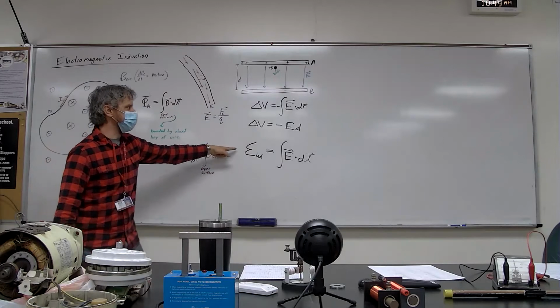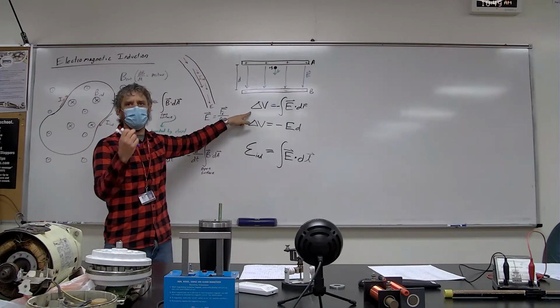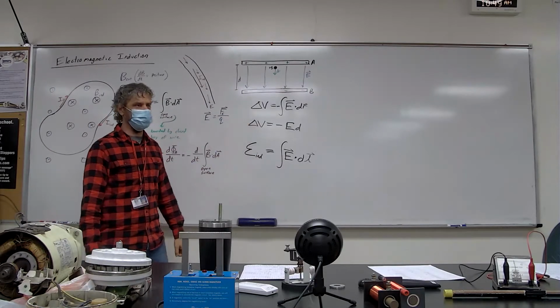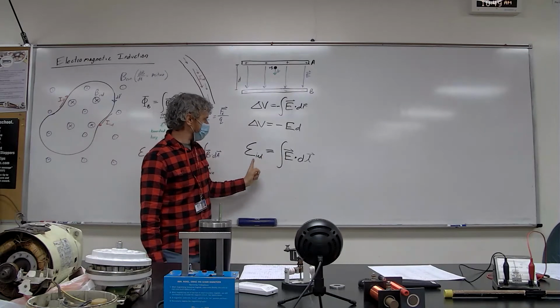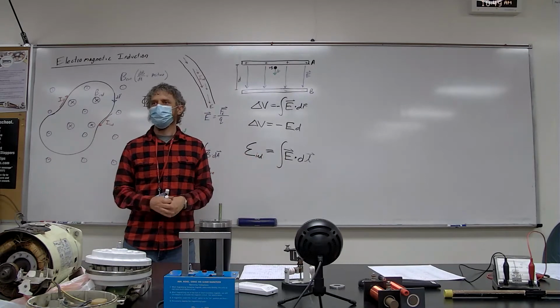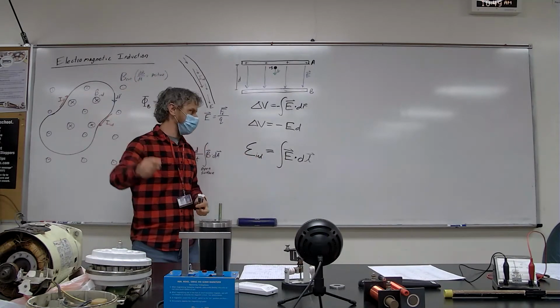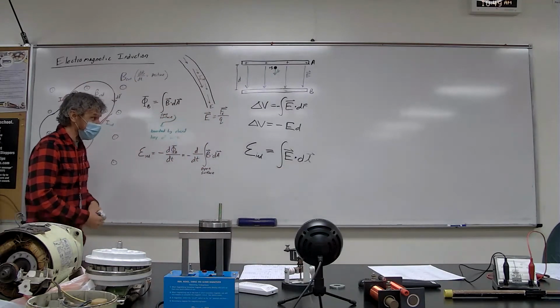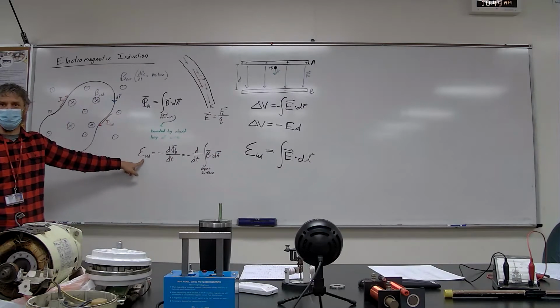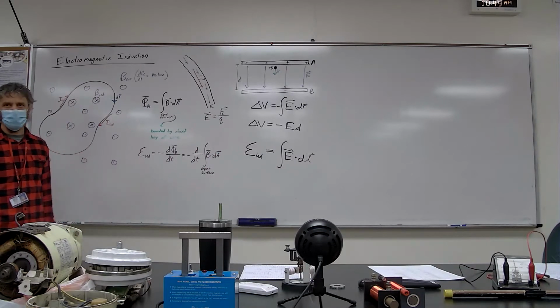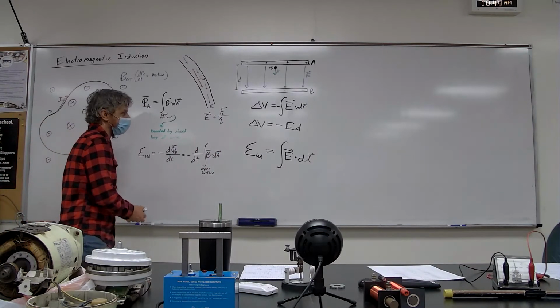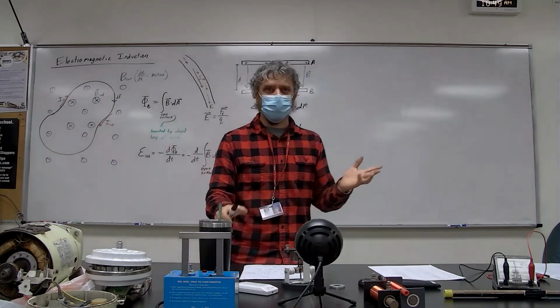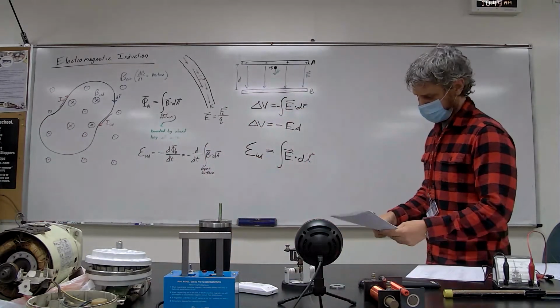It's essentially the same thing as our definition of electric potential difference, the negative integral of E dot dr. But we can just assume it to be positive, and it is ubiquitous throughout the entire wire, and we just integrate E dot dl. That gives us another expression for our induced EMF, which gives us the final version of Faraday's law for what we're doing.